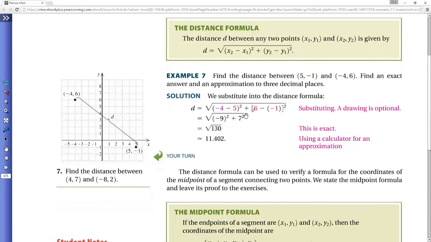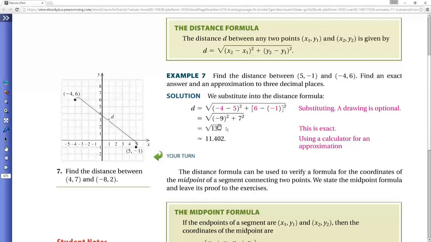Okay. So to find the distance between these 2 points, (5, -1) and the point (-4, 6), they put it in the formula. They took -4 from the second point here, that's the x coordinate, minus this x coordinate, 5, and then they put the y coordinate, again because they started with this point, this y coordinate goes in first, minus the y coordinate of the other point, which is -1.